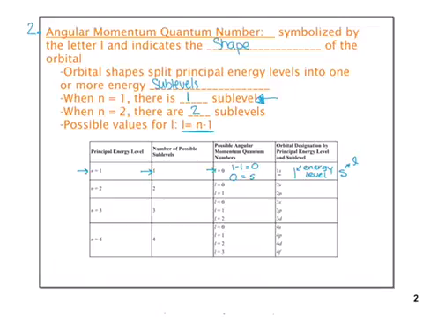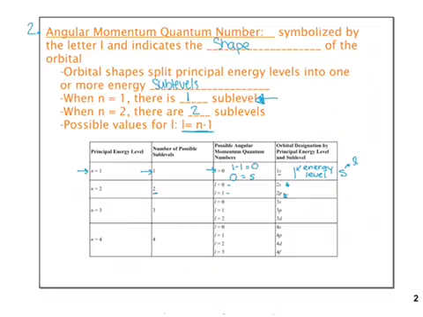With n equals 2, there's 2 possible sublevels, and so your angular momentum numbers are 0 and 1. Just like in the previous one, if you have 0, you have an s sublevel. If you have a 1, it indicates a p sublevel.